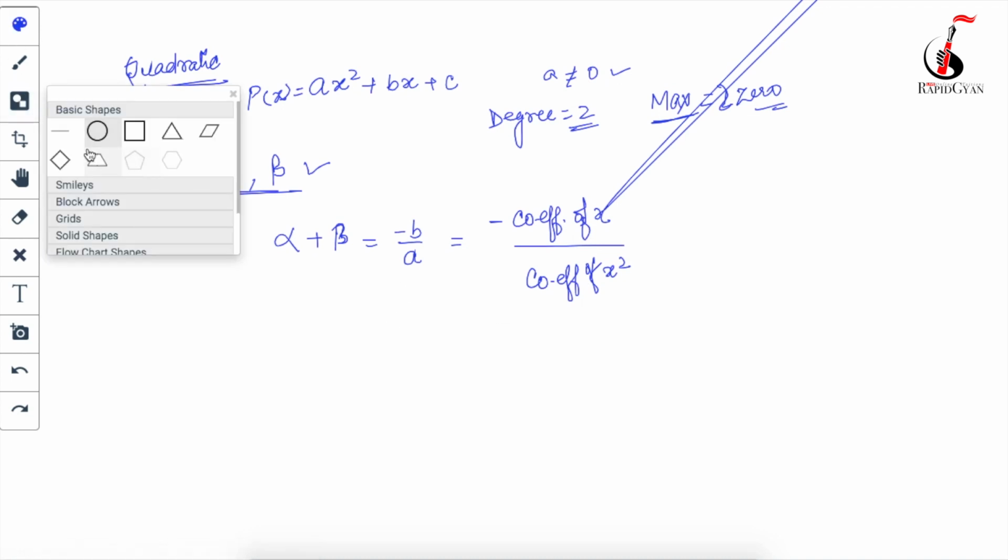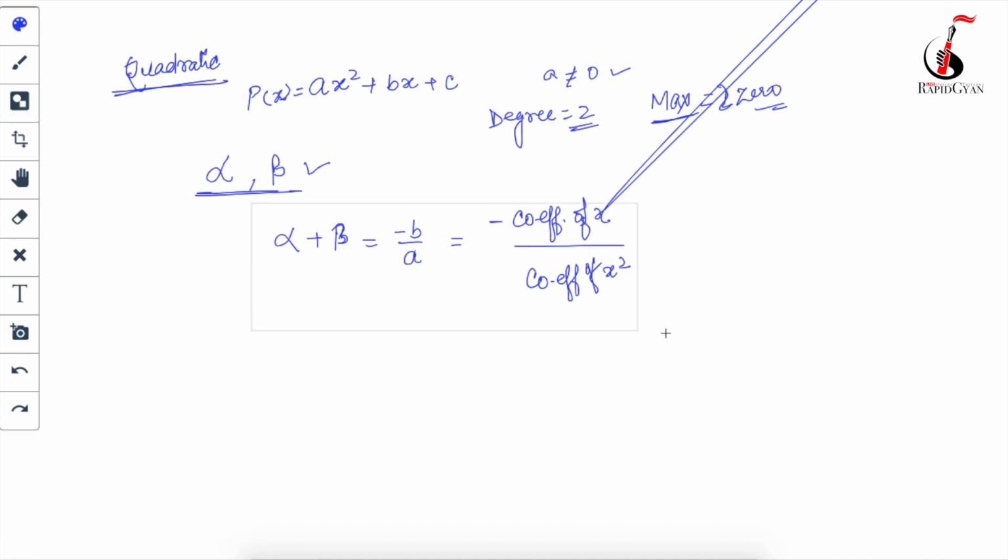Understand? So this is one of the relationships of the zeros of a polynomial. In the case of quadratic polynomials there are 2 zeros, and I have assumed those two zeros as alpha and beta. So the sum of the zeros is equal to minus b upon a, that is minus coefficient of x divided by coefficient of x square.